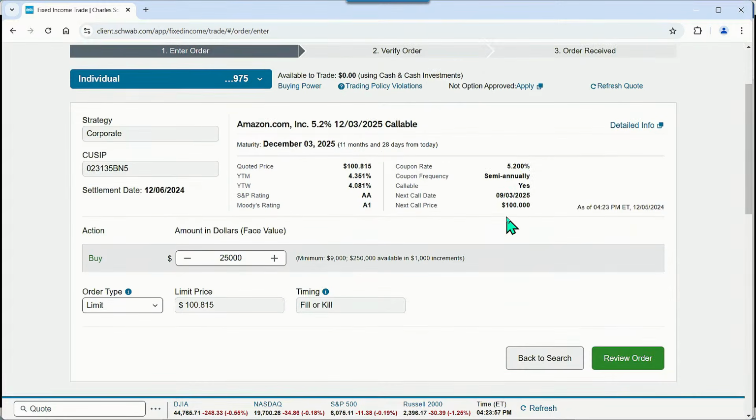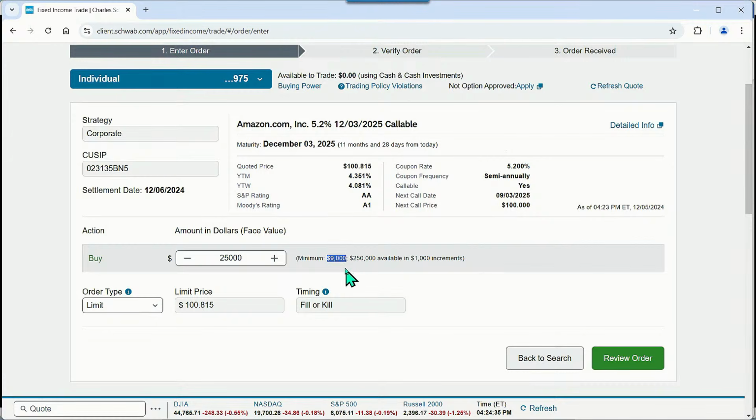And here we go. We get some information on this bond. One thing it gives you is a CUSIP number. Let me just copy that for now. If I ever want to pull this bond up later, that's like a unique identifier on this. It's also going to tell me the minimums I can buy.